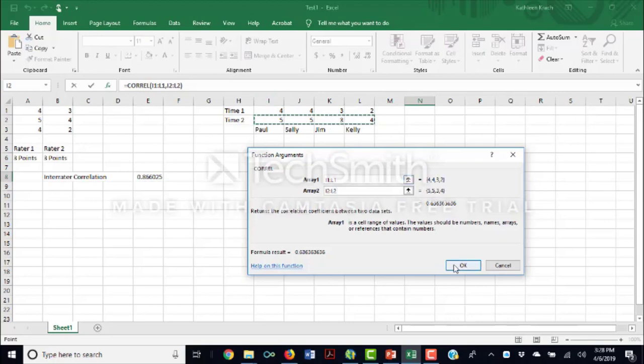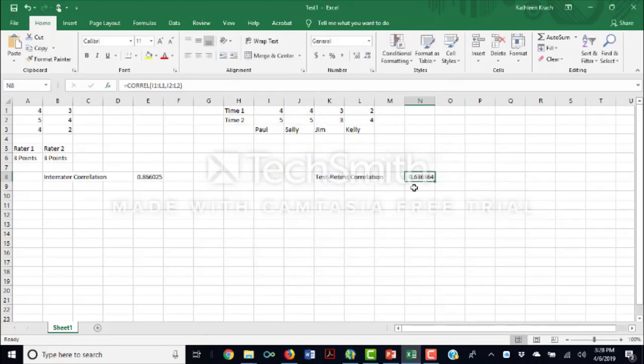Just double check. And our test-retest correlation is 0.63. So that is how you would use Excel to calculate not just standard deviation and mean, but also how you would calculate 2 forms of reliability.